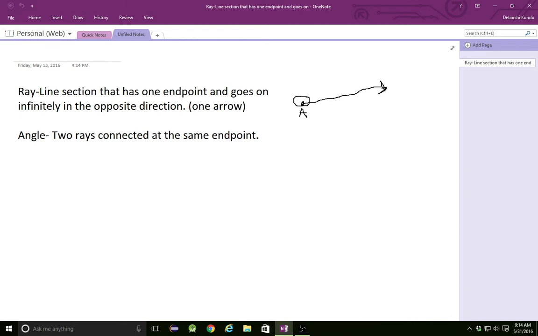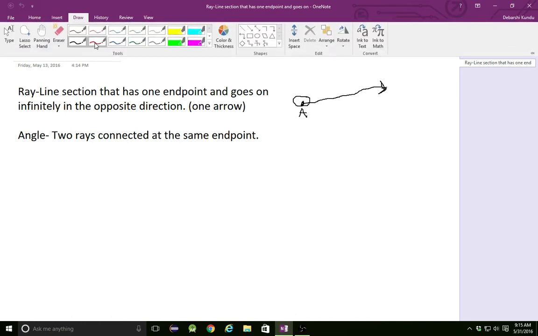That's a ray, and two rays connected at the same endpoint is an angle. So an angle looks something like this. Why don't they make these things a little thicker?